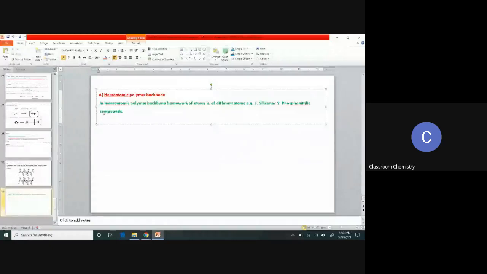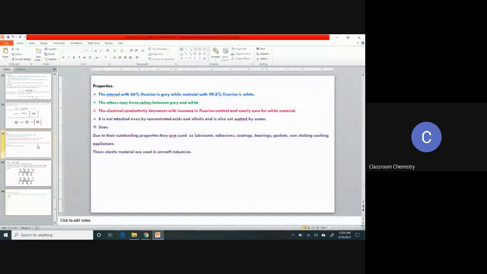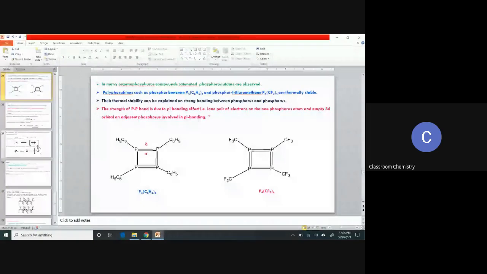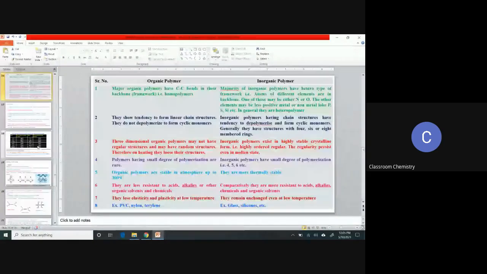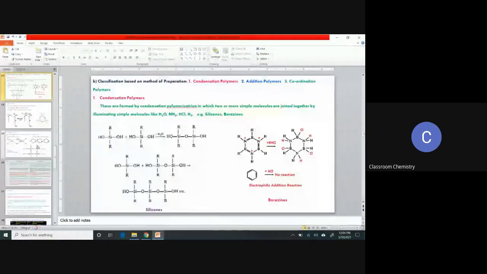First we see silicones. Silicones are condensation polymers and come under the class of heteroatomic polymers.